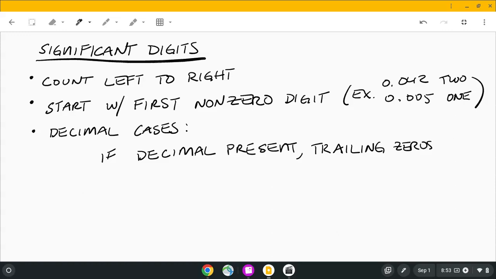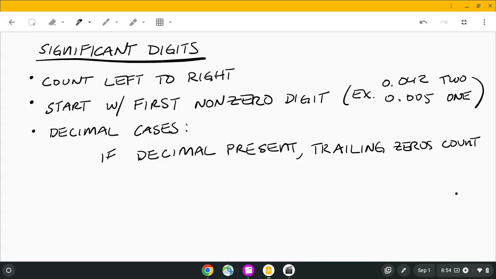The trailing zeros are the ones after, like in 1 million, those zeros after the 1. So trailing zeros do count, but only if the decimal is present. If I said 1 million with no decimal, all of those zeros do not count. But if I say 1 million decimal point, now all of those zeros count.